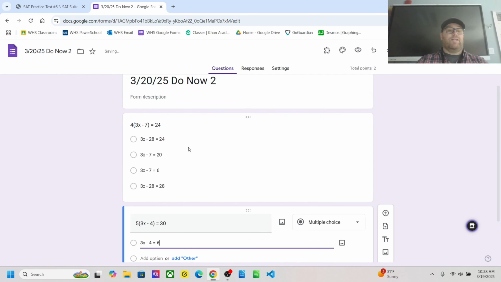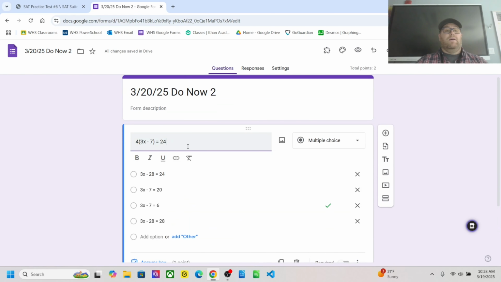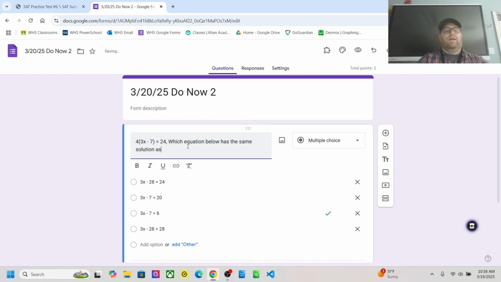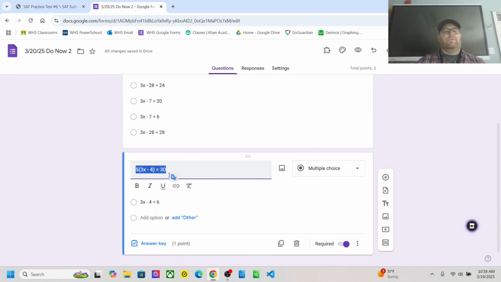And we probably want to give directions here too. We want to say which equation below has the same solution as this equation. Something like that. And I just highlight all this stuff, and let's copy and paste that into the one down here.